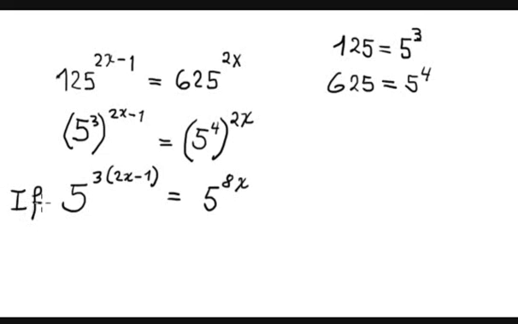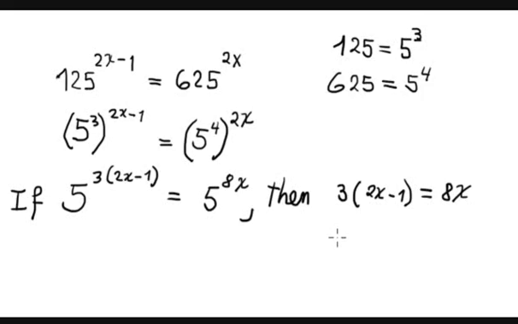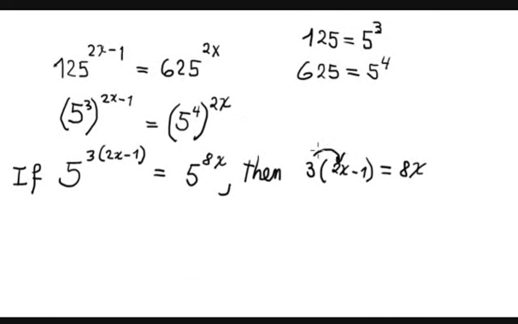If this exponential is equal to this exponential, the conclusion is the exponents are the same when the base is the same. So 3 parentheses 2x minus 1 is equal to 8x. Okay, now the rest is baby algebra. You apply the distributive property, 6x minus 3 is equal to 8x.